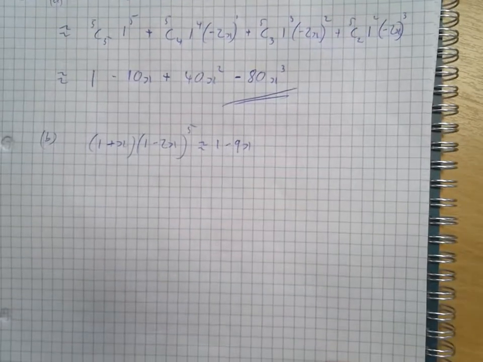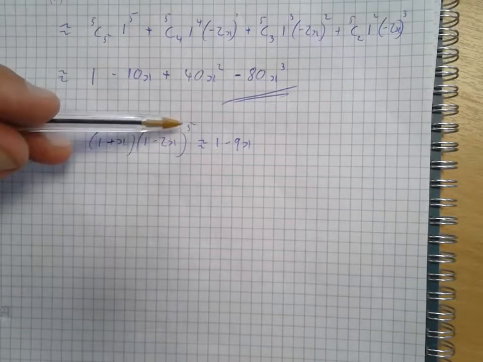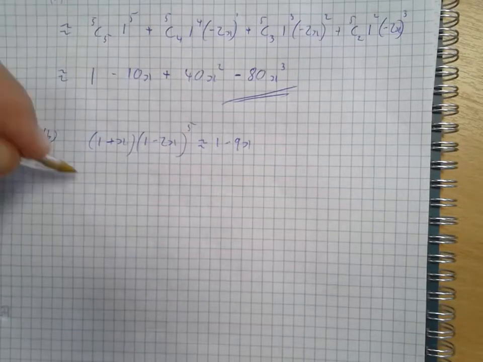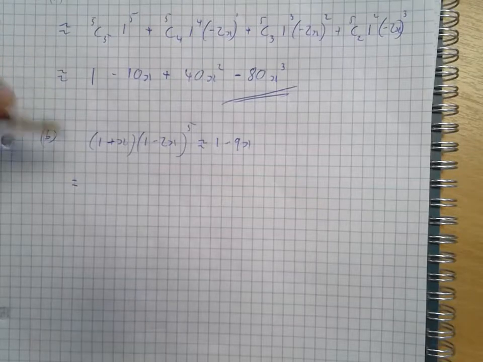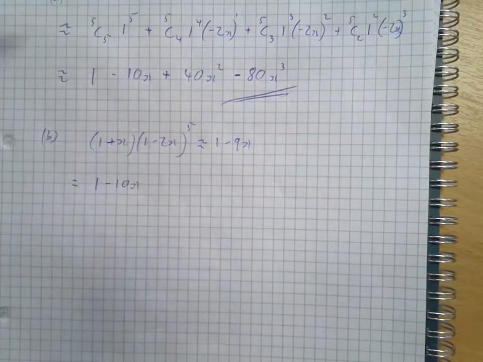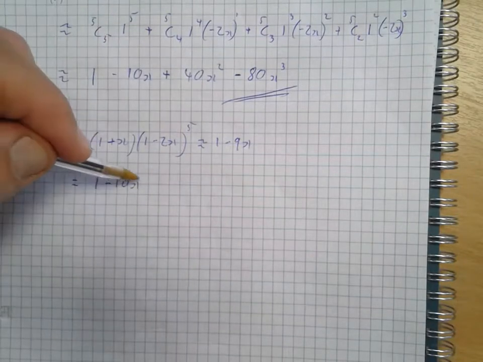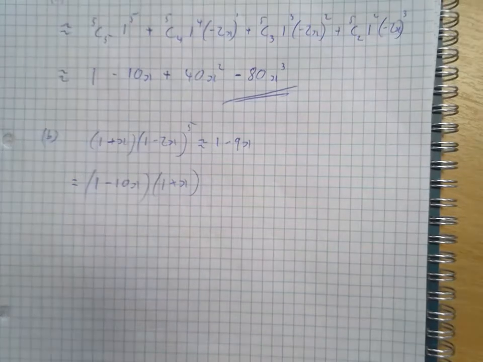Okay, so we're ignoring powers of x squared or above, so for the (1 minus 2x) to the power of 5 I can go to the first 2 terms, which is 1 minus 10x, and the next is x squared, so we can ignore that, and times that by (1 plus x).